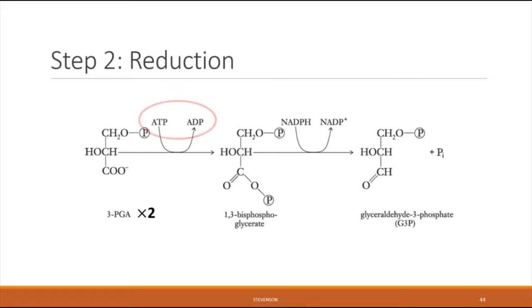That 3-PGA will get converted into a molecule called 1,3-bisphosphoglycerate through the addition of ATP energy to it. And then it will also pick up those hydrogen atoms and electrons that were carried from the light-dependent reactions by NADPH. The result will be that the 3-PGA molecule is transformed into something called G3P, or glyceraldehyde 3-phosphate. And again, I just want you to know it as G3P.